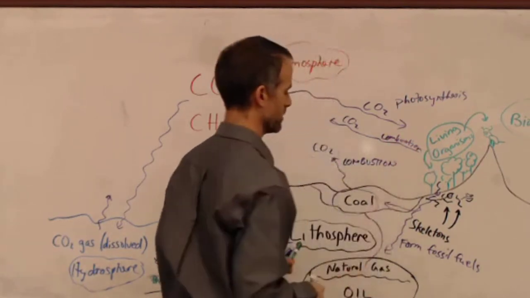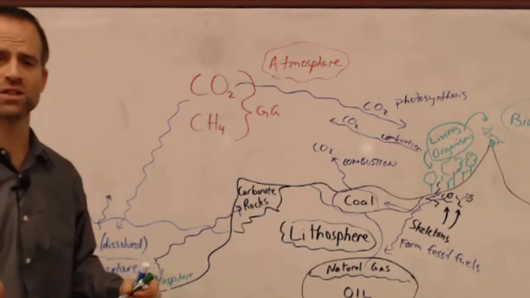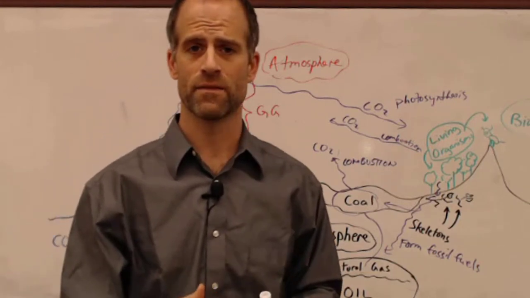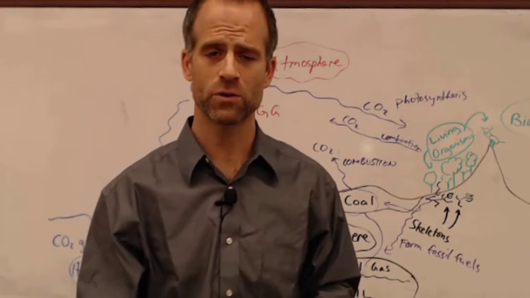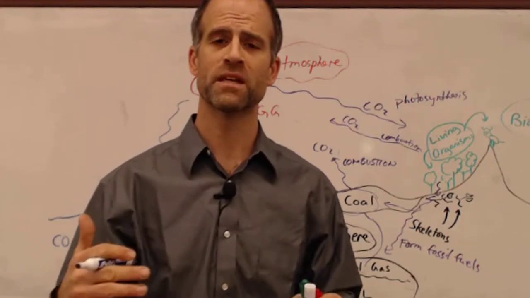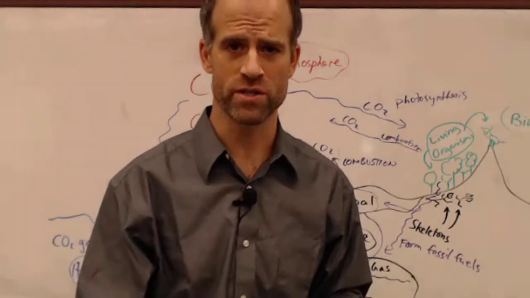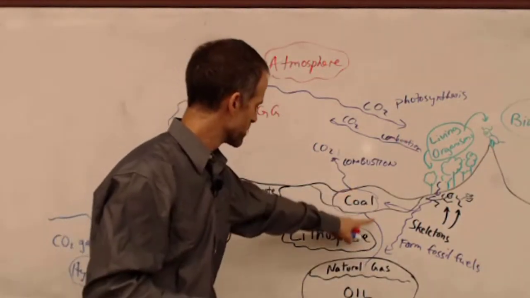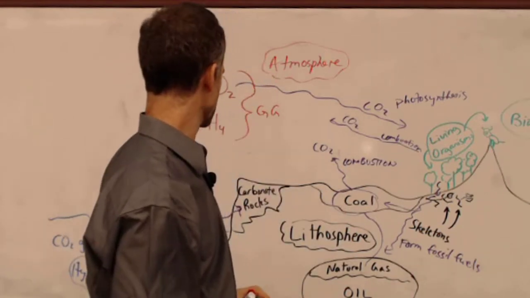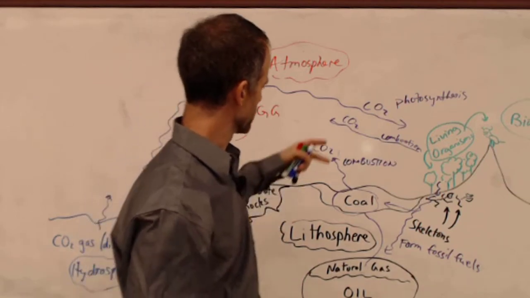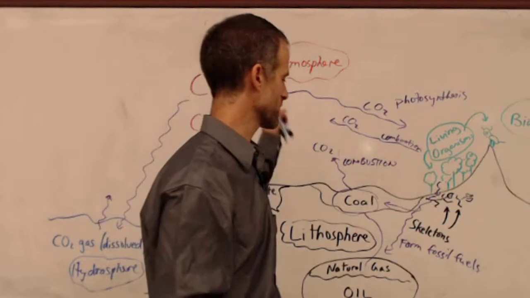Likewise, CO2 gets dissolved in the oceans. The oceans store the CO2 that was in the atmosphere. When we talk about something that provides carbon to the atmosphere, we say it is a source. So the burning of fossil fuels is a source of carbon dioxide to the air, to the atmosphere. The combustion of plant life is a source of carbon dioxide.